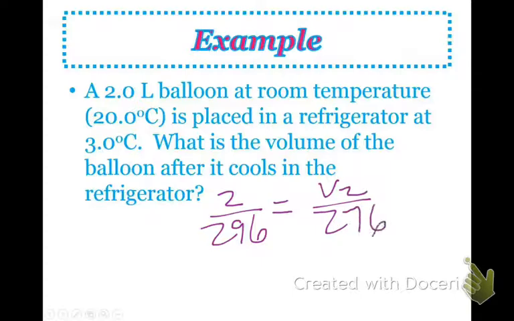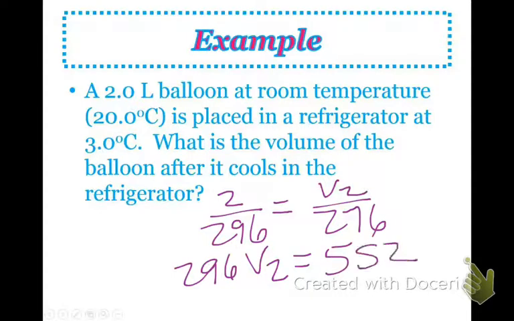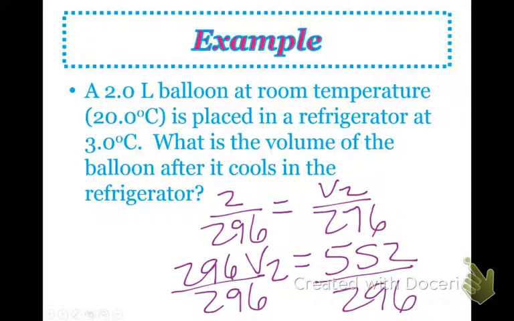And I had 296 V2 equals 276 times 2. So 552. Let me check my math because I'm kind of doing this fast. 276 times 2. Yeah, 552. So now I just have to divide each side by 296. So 552 divided by 296 is, okay, so that's right over here.